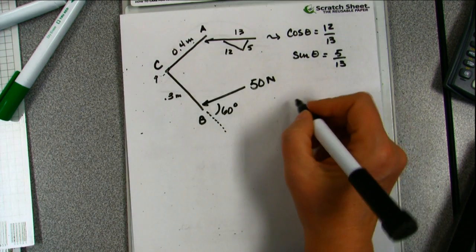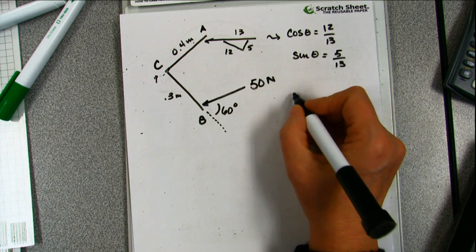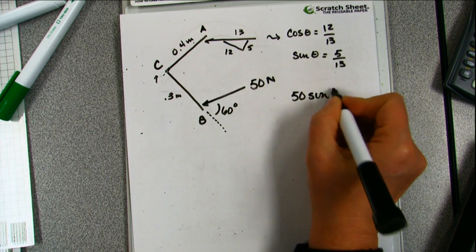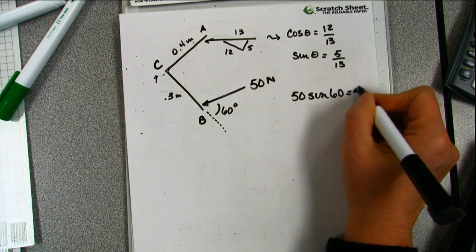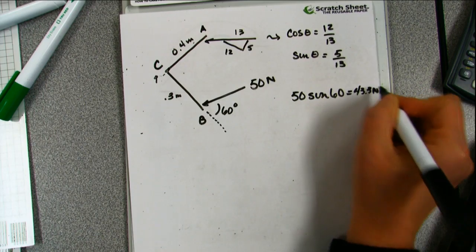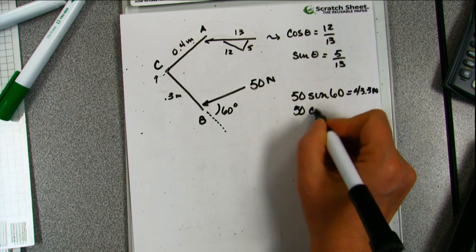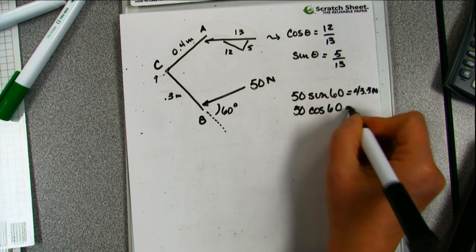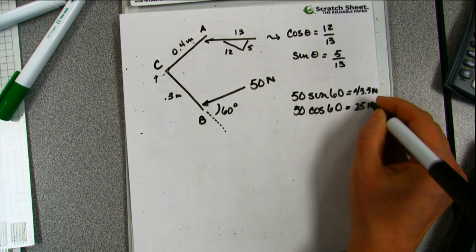If I do this one, I get 50 sine of 60 is equal to 43.3 newtons, and 50 cosine of 60 is equal to 25 newtons.